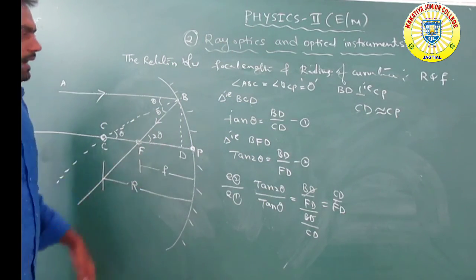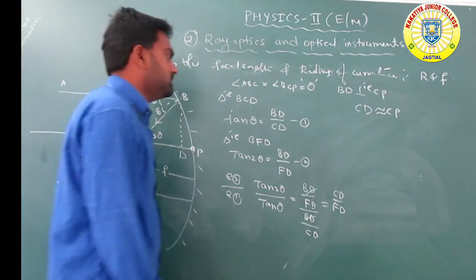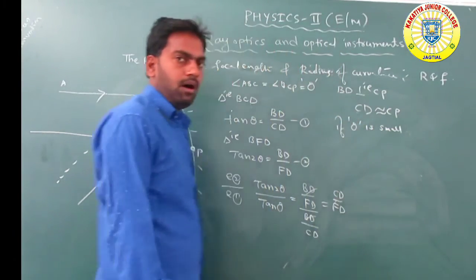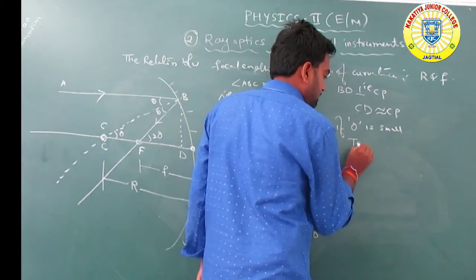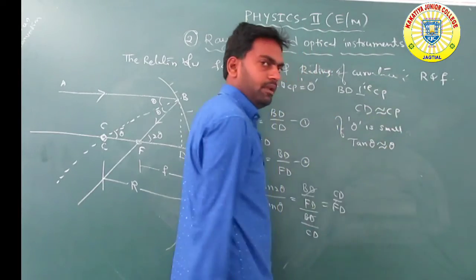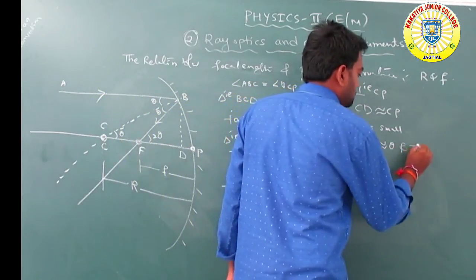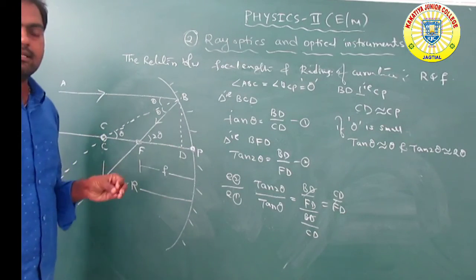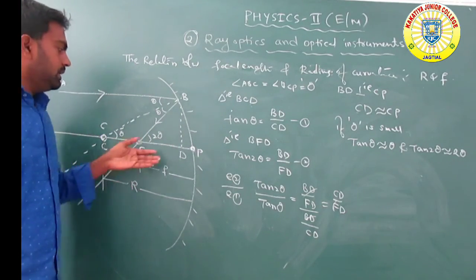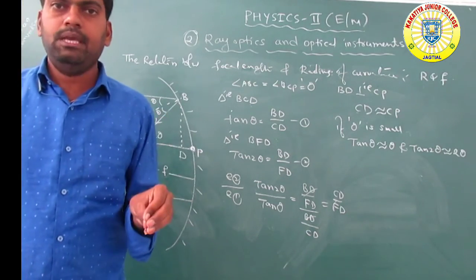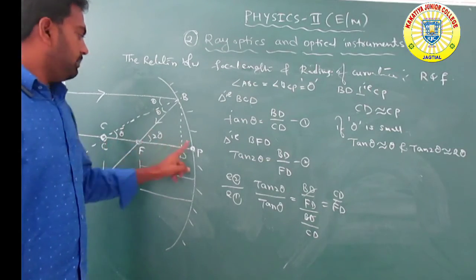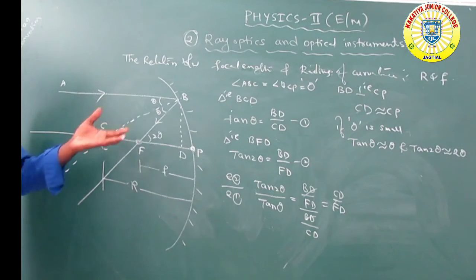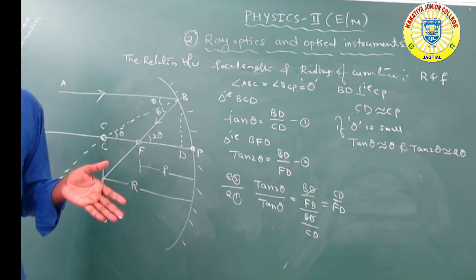Now the theta is very small. If theta is very small, we consider tan theta approximately equal to theta, and tan 2 theta approximately equal to 2 theta.